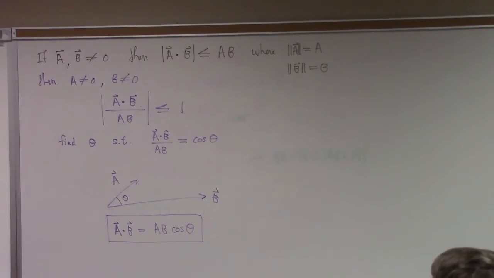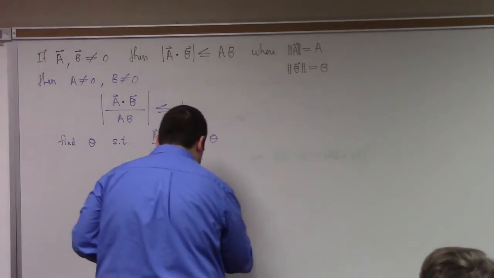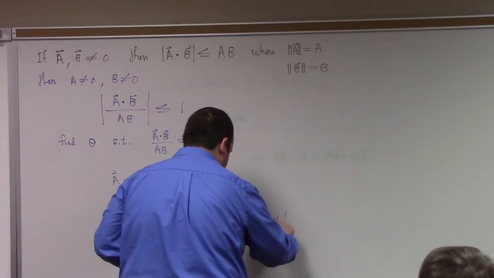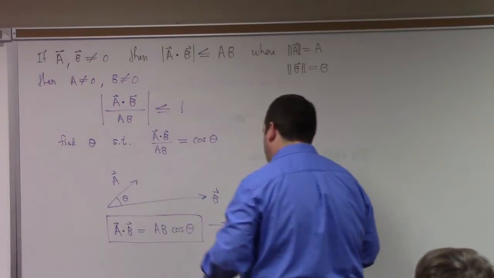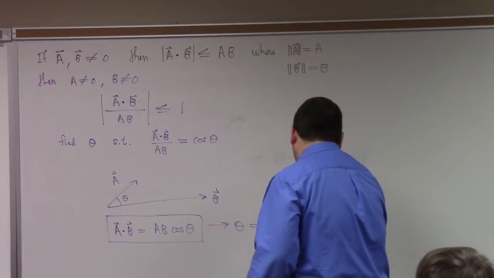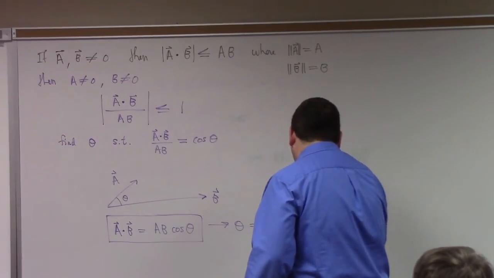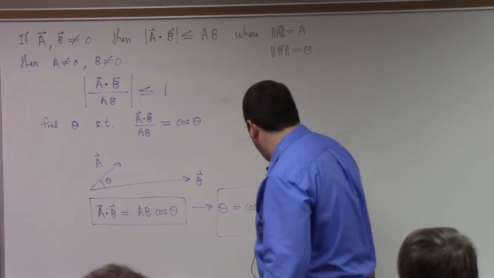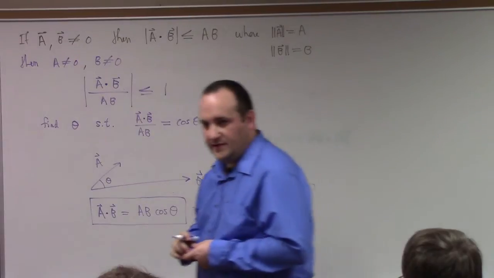Let's go on. All right, so another way to look at this, of course, is what? Theta is equal to what? Cosine inverse of what? Solve this for theta. What do you got? Very nice, right?